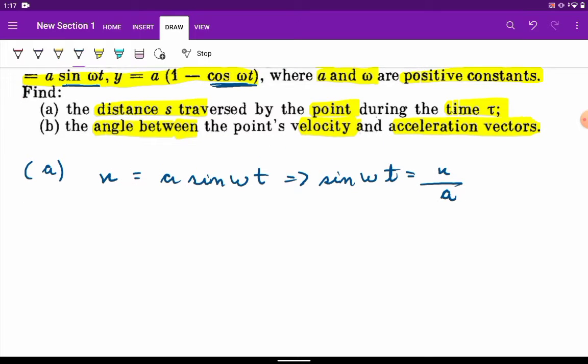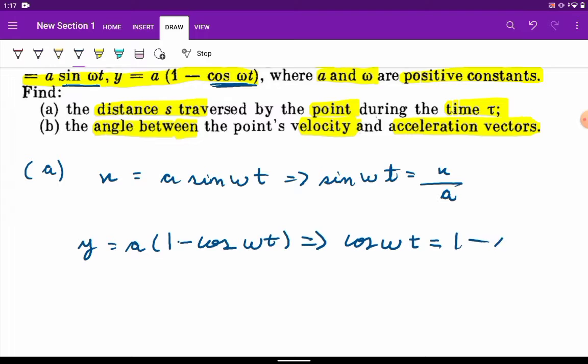This is one, and second is y is equal to a into 1 minus cos omega t. So this means cos omega t is equal to 1 minus y by a. Just divide both sides by a and cos omega t comes to this side, 1 minus y by a.